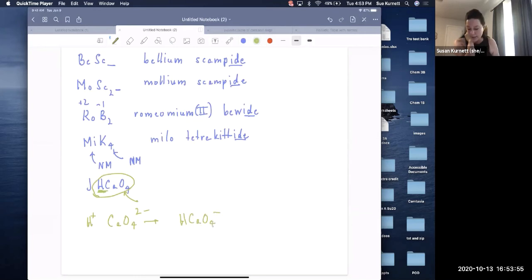And what is J? J is for Jackium, and it's variable, so I have to put in parentheses. But if there's one of these to one of those, it must be Jackium 1. It was a -3, so this is a -2, so that's a Jackium 2.